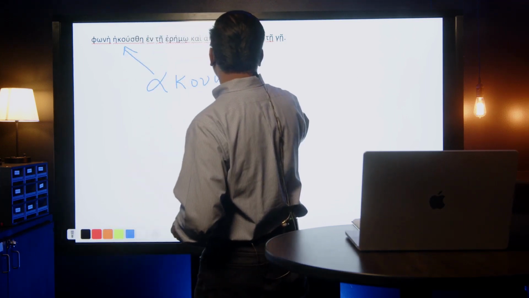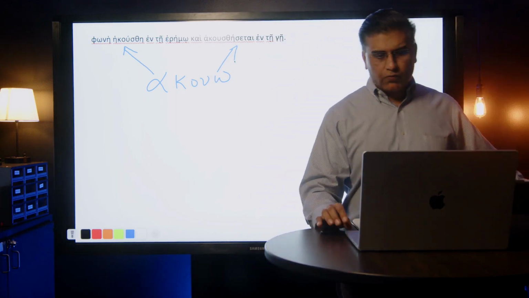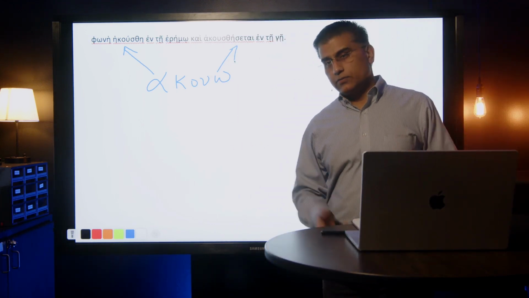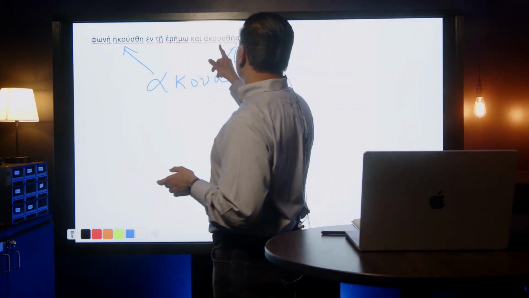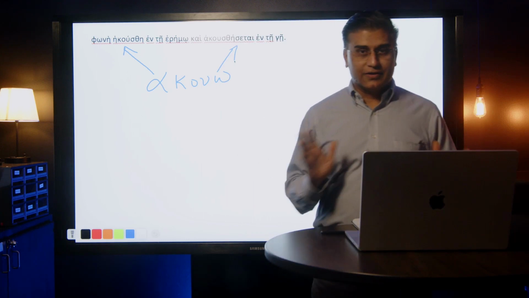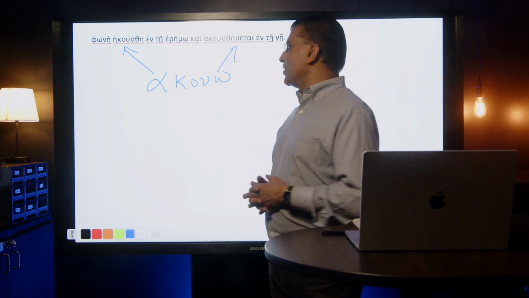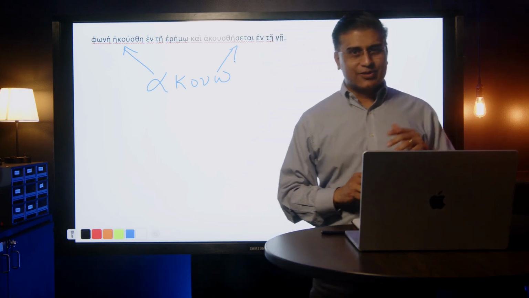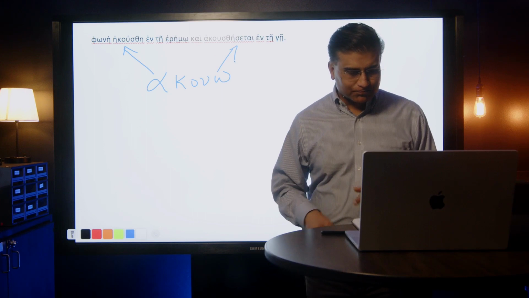One is aorist, one is future. Will be heard in the earth. The rest is pretty simple, but those are two. And if you look at them carefully, it seems like there are two different words, but they're not. They're the same word, same stem, but one is aorist, another one is future passive.